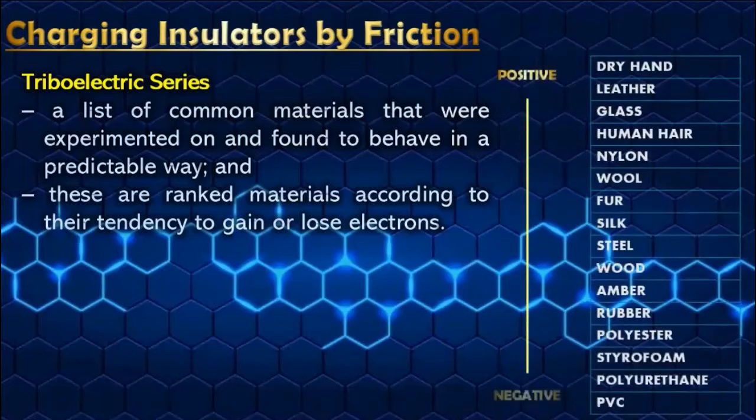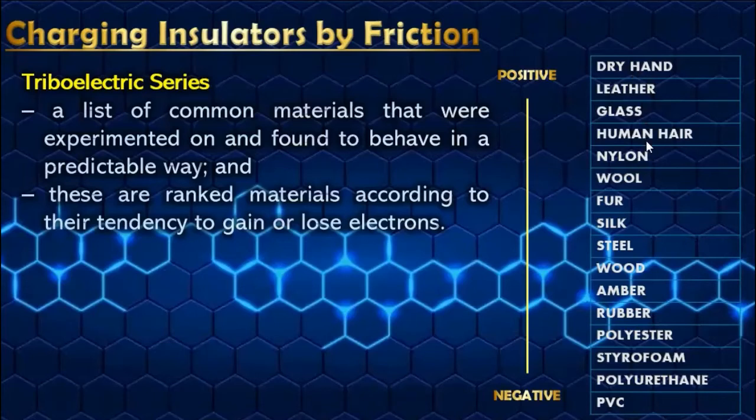Okay, let's understand these ranked materials using our dialect para masabtan. Now, these materials nga duol sa positive, kaning positive ug negative, mura siyang pattern gigamit sa triboelectric series para mas masabtan.